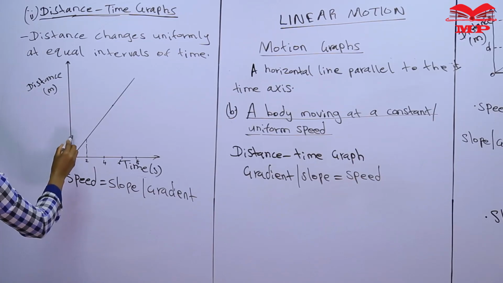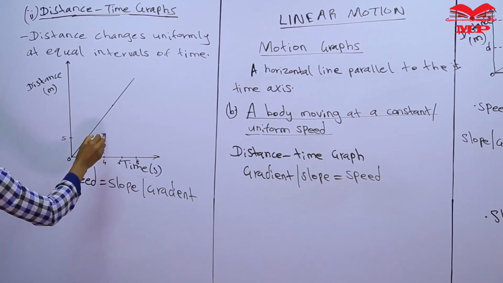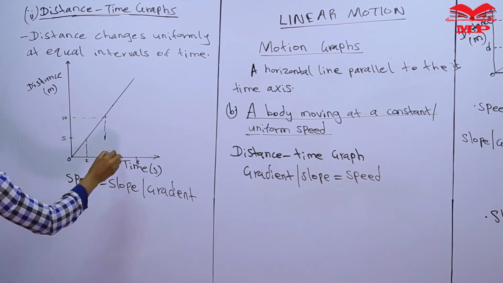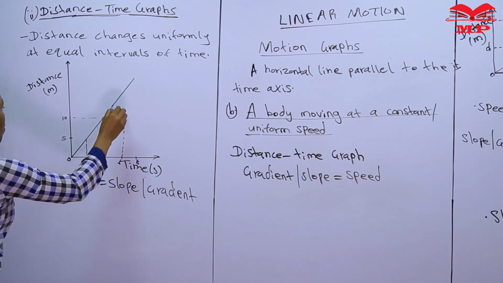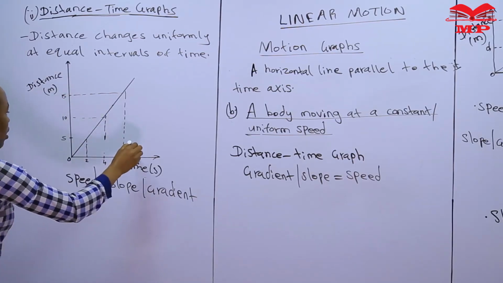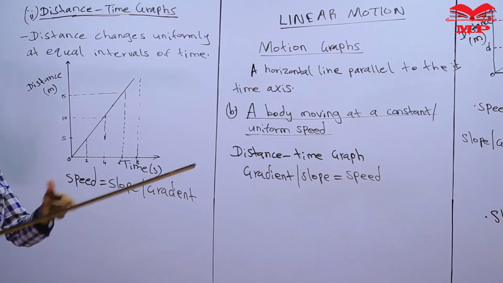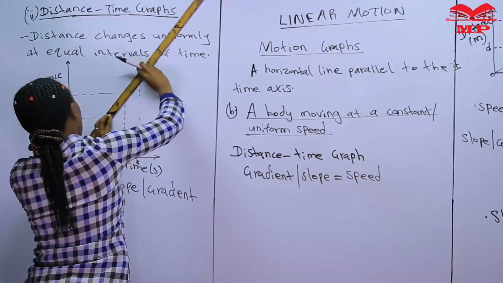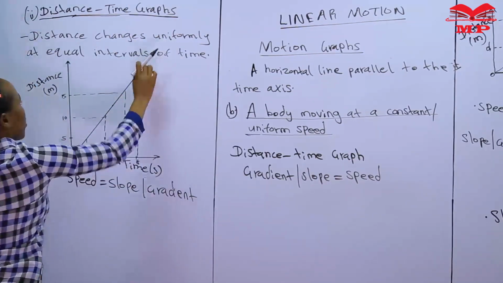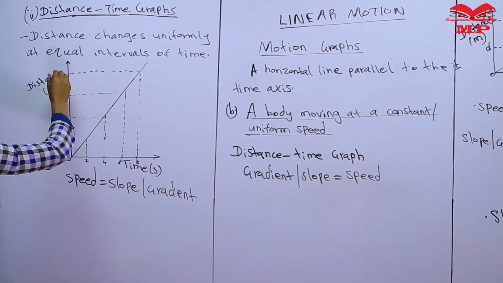Then with the distance, we have 5, then here we have 10, and this one we have 15. Then we can extrapolate the graph, so at this part here, on the distance axis, we have 20.